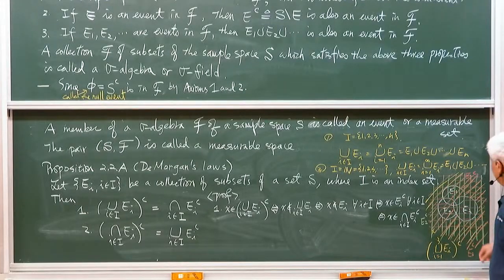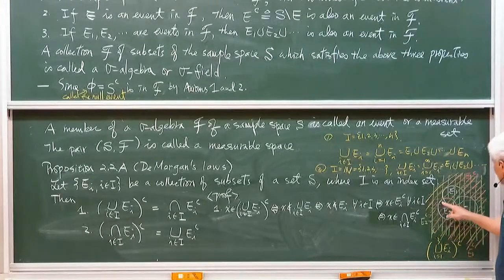For example, in here, this part is the intersection of the brick and the green only, so it's not the intersection of the three. In here, this is the intersection of the red and the brick only. In here, this is the intersection of the green and the red.